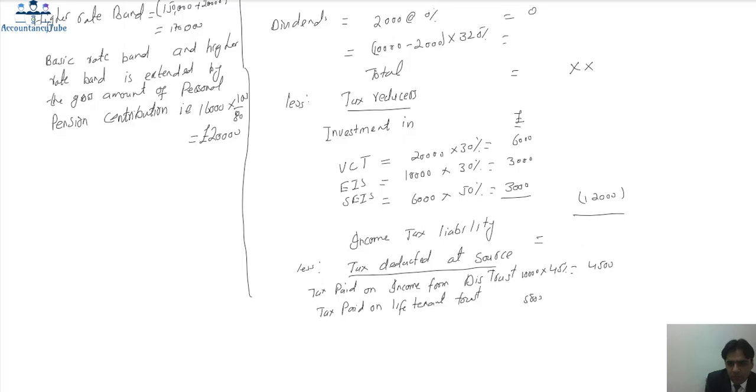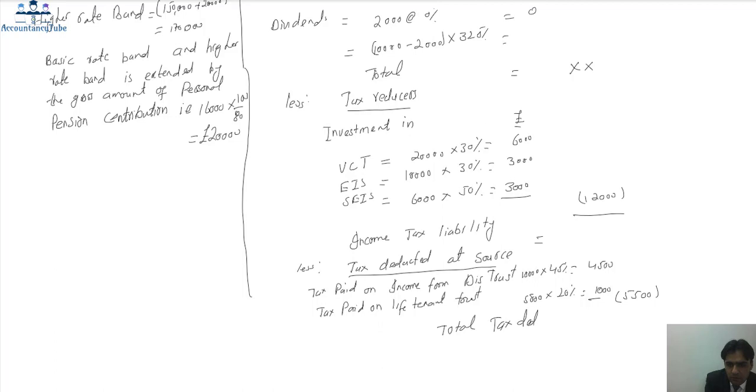Amount is £5,000 times 20%, so that is our £1,000. So £1,000 will be deducted here as well. So total amount is what? £5,500. £5,500 is tax deducted at source. So that's our total tax deducted at source.